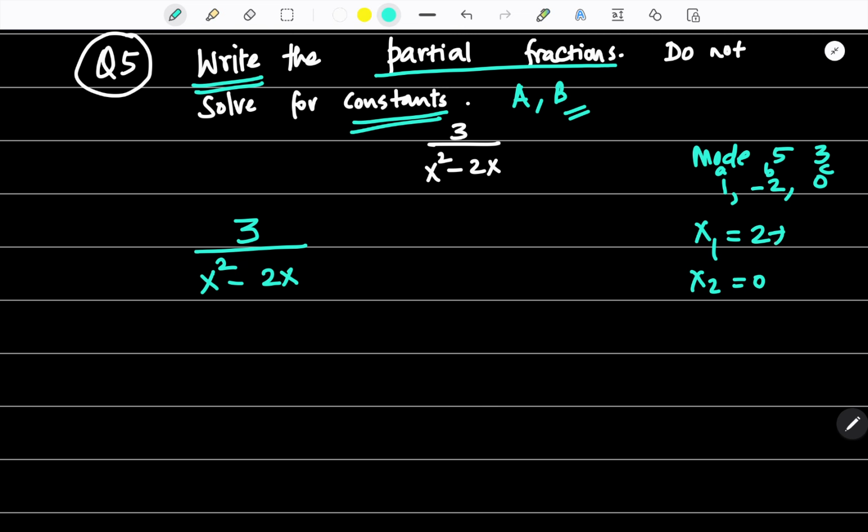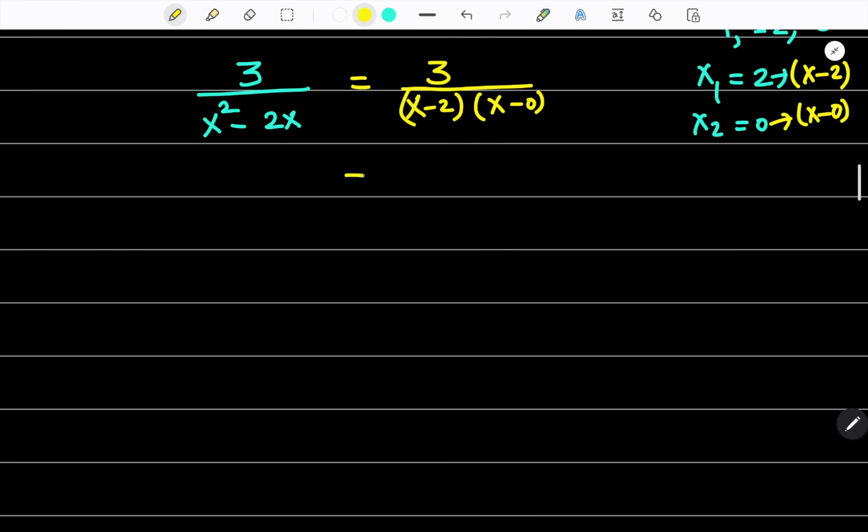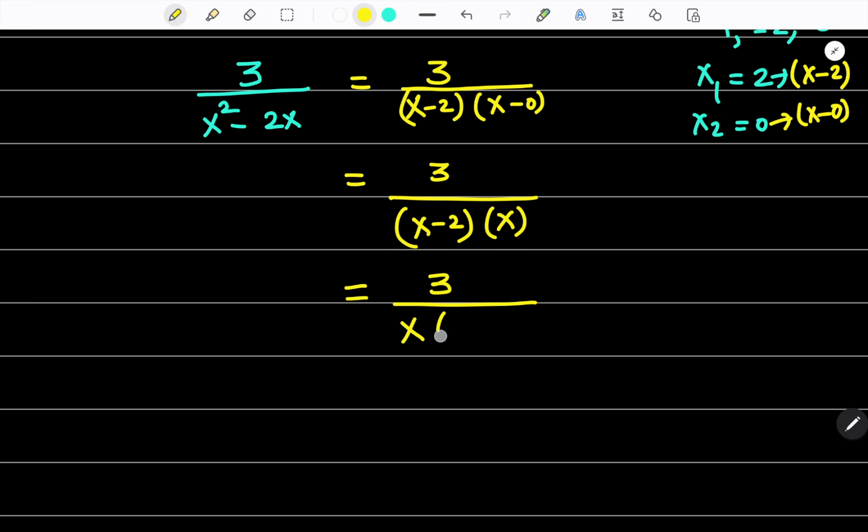So if it is 2, you are going to write it as x minus 2. If it is 0, you are going to write it as x minus 0. So this should be written as 3 divided by x minus 2 times x minus 0. Usually x minus 0 we don't write. So 3 divided by x minus 2 and x. Keep this x as a single term: x times x minus 2.